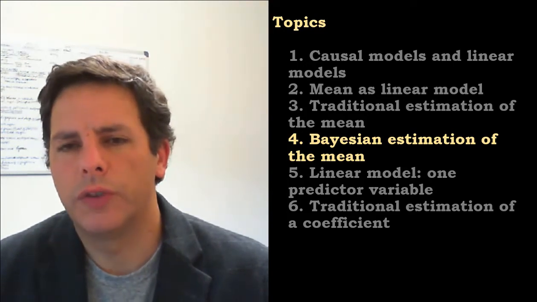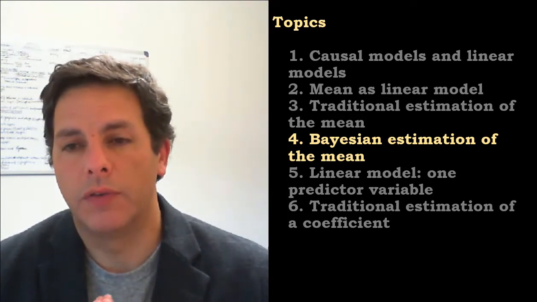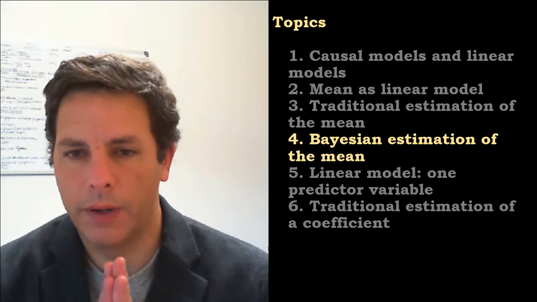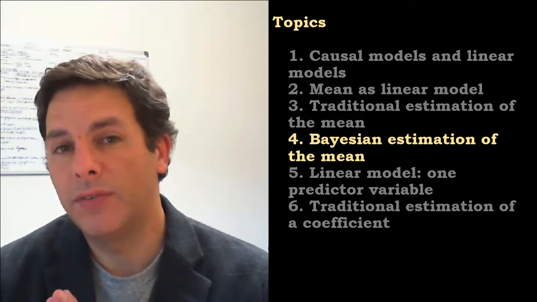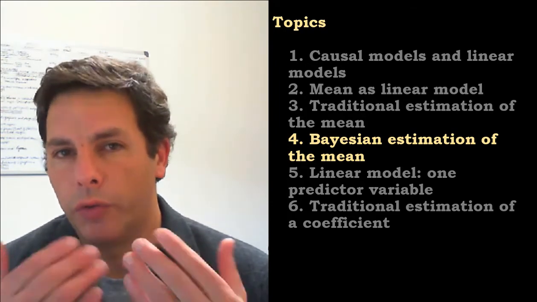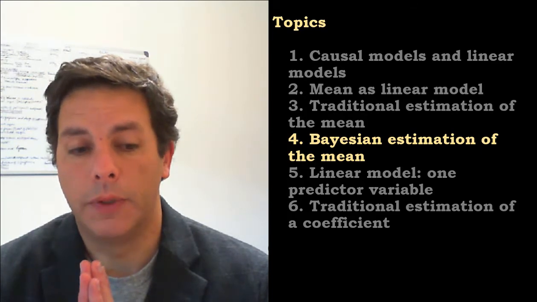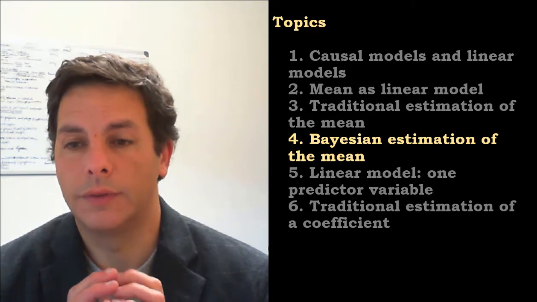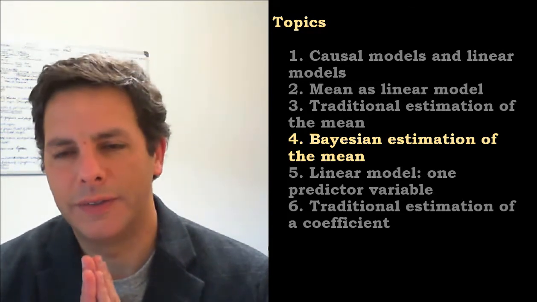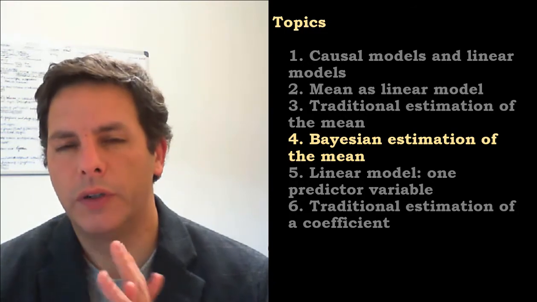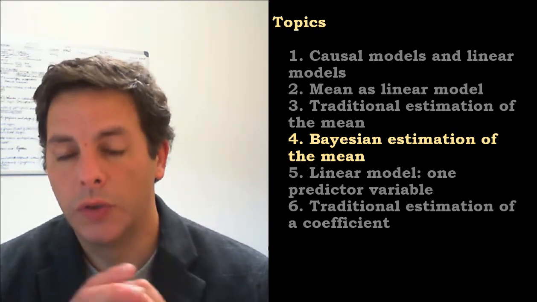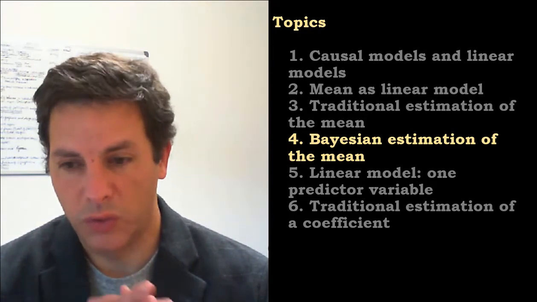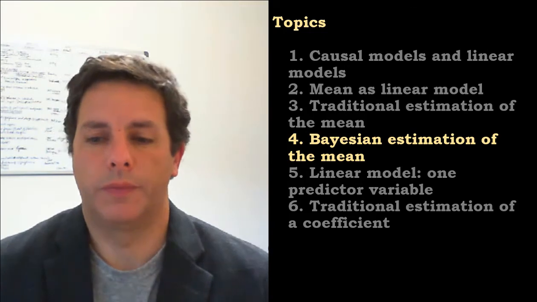I wanted to spend most of the time on the traditional methods because we are going to basically abandon them soon, whereas the Bayesian method we're going to go through in the next lectures. So this is like a second angle to what we saw in the masterclass, and it is going to be relatively brief.